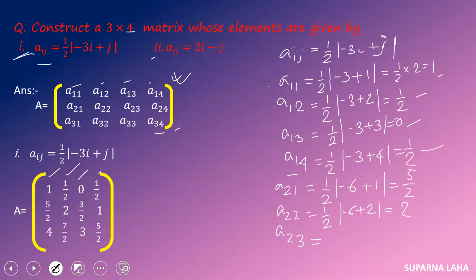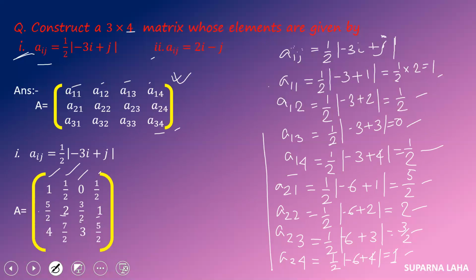A23: half of mod of minus 6 plus 3, that means minus 3, and mod of minus 3 is 3, that is 3 upon 2. And A24 is half of mod of minus 6 plus 4, it is minus 2, mod of minus 2 is 2, 2 by 2 is 1. So in this second row, the first element is 5 by 2, the second element is 2, the third element is 3 by 2, the fourth element is 1.